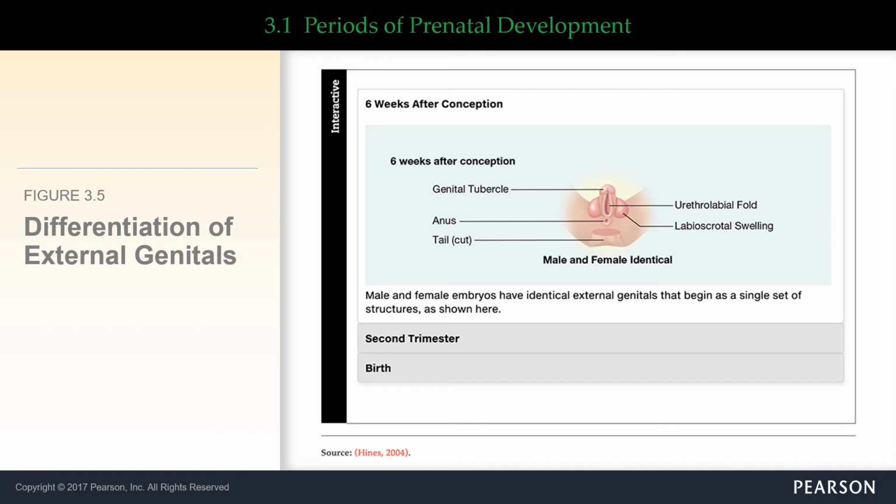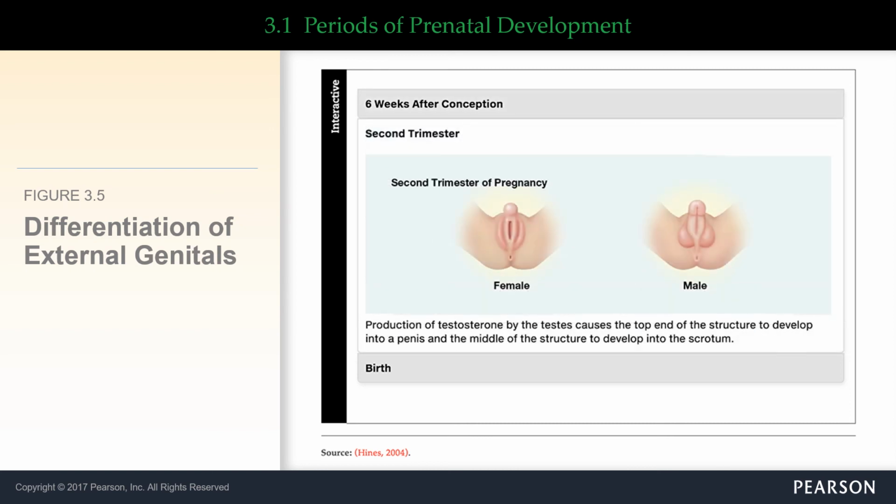And in the second trimester, production of testosterone by the testes causes the top end of the structure to develop into a penis, and the middle of the structure to develop into the scrotum in the male on the right. And you can see that the female's structures are getting smaller rather than larger and more differentiated.